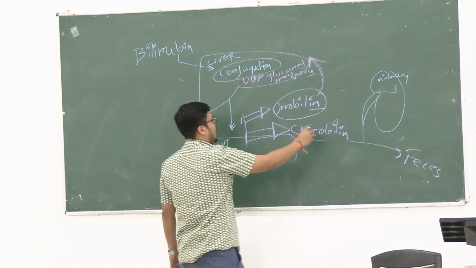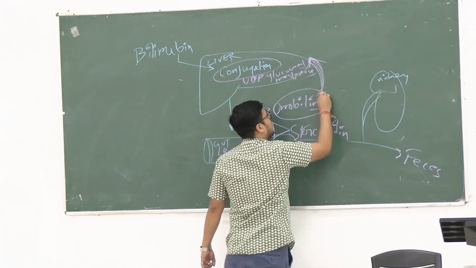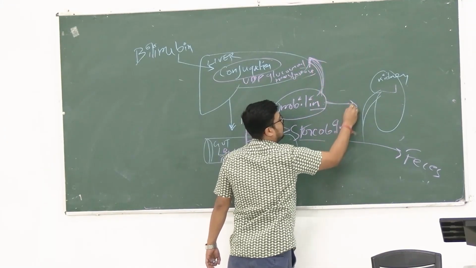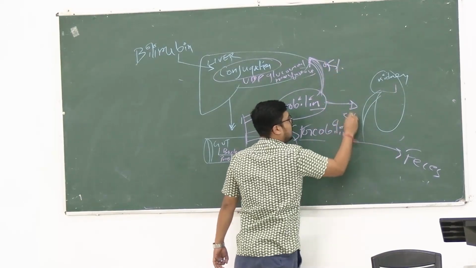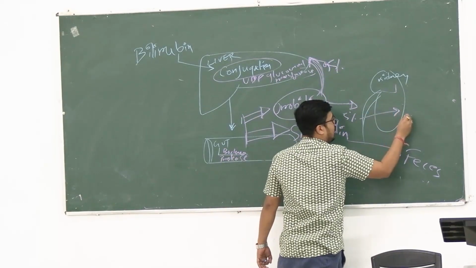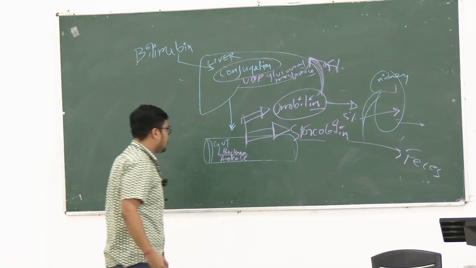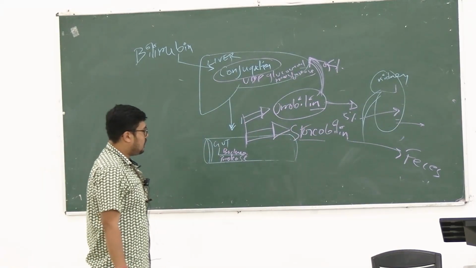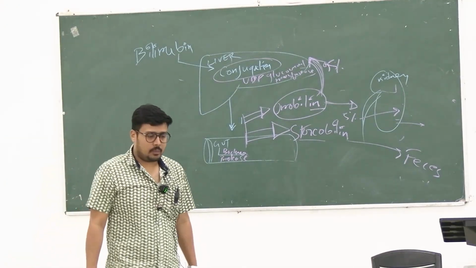Okay? And the very minor portion will go to kidney and eventually be excreted through urine. So this is the complete bilirubin metabolism.